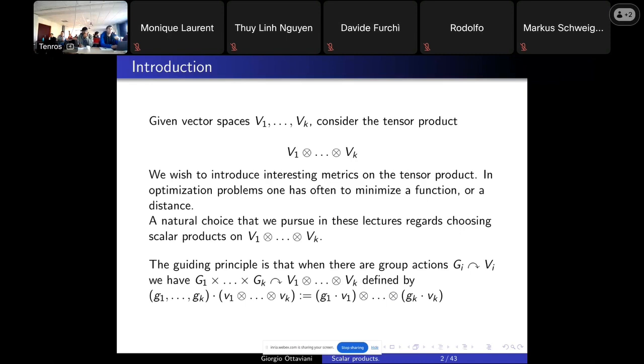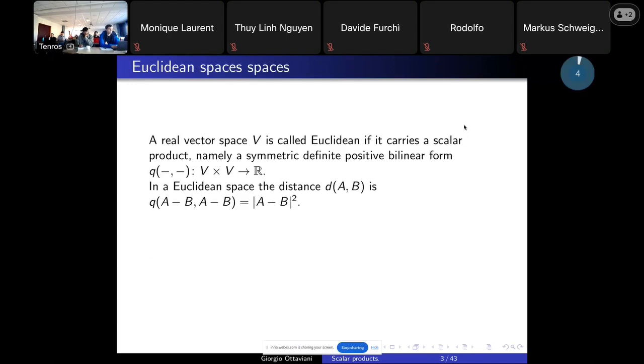But when I prescribe the action on the building blocks, that is on the decomposable elements, on all the other elements the action is prescribed by linearity. So the action on the sum is the sum of the actions. This is the basic principle that works in vector spaces, extends to tensors, and works very well. I will tell more about this.